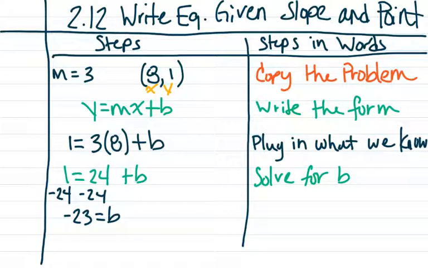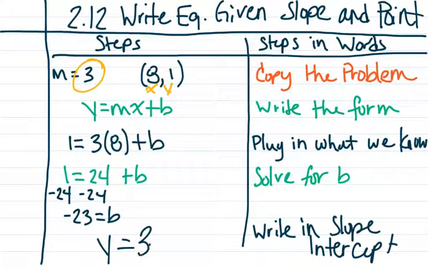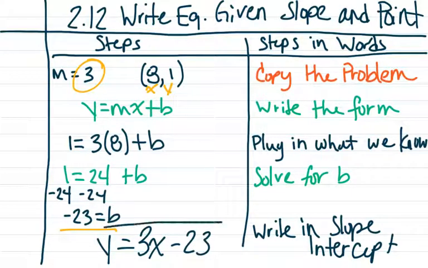Our last step then is to write in slope-intercept. So we have y equals, we use our slope from up here, so y equals 3x, and then our b that we just found, which is right here, -23. And then we're going to circle our answer again, like always.